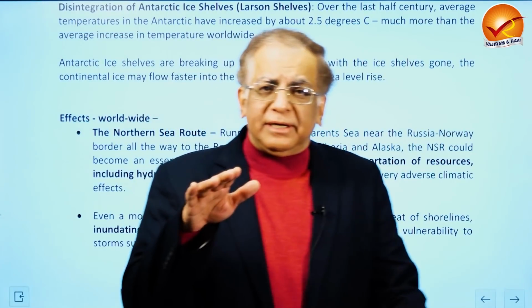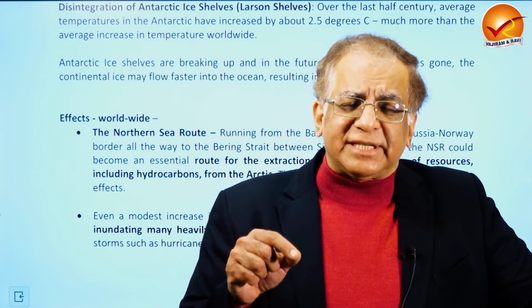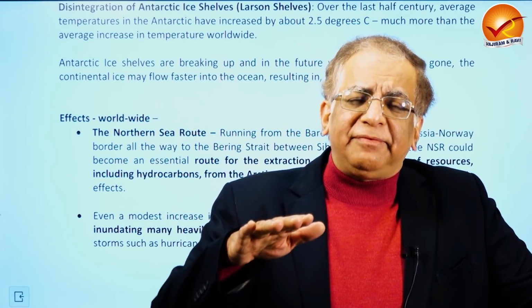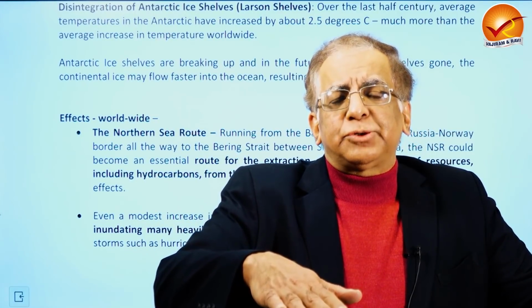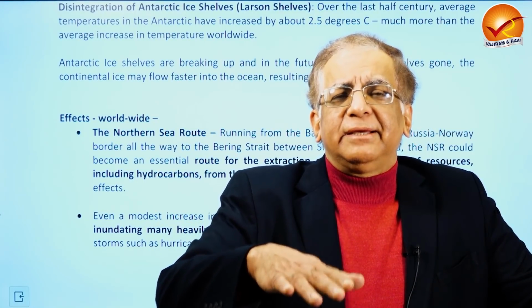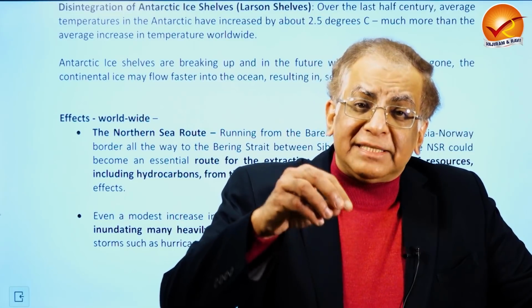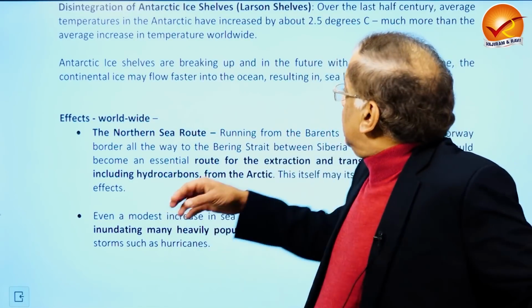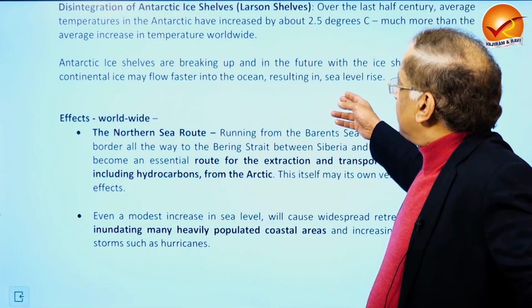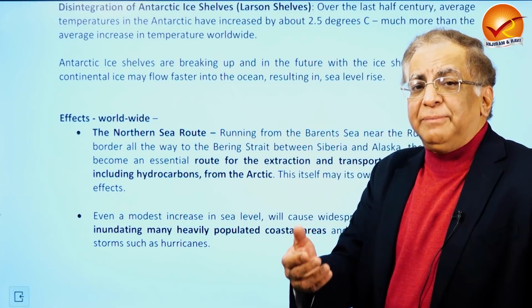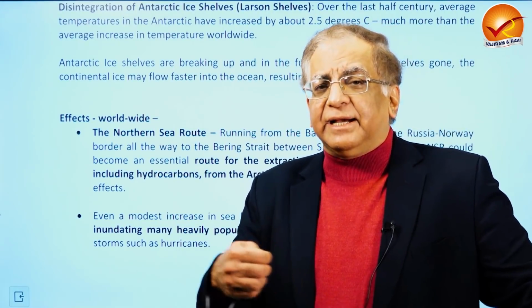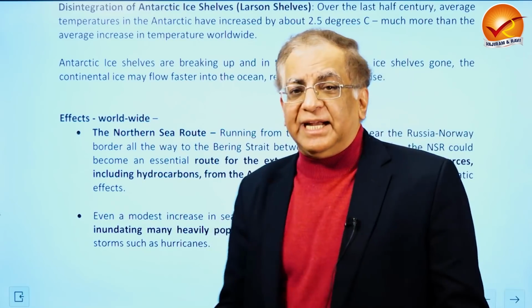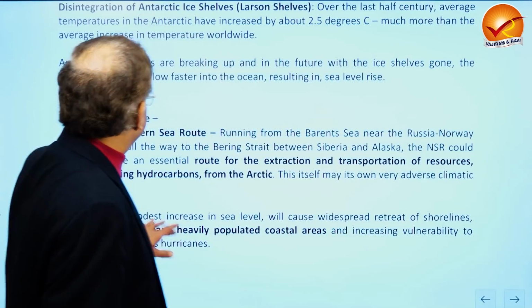Remember, the ice shelf is a part of the ocean itself, but it is attached to the coast. So it is not a reason for the rise of the sea level. But once this shelf breaks, it becomes a reason for more and more ice from the continental areas to go into the ocean, and that would raise the sea level.